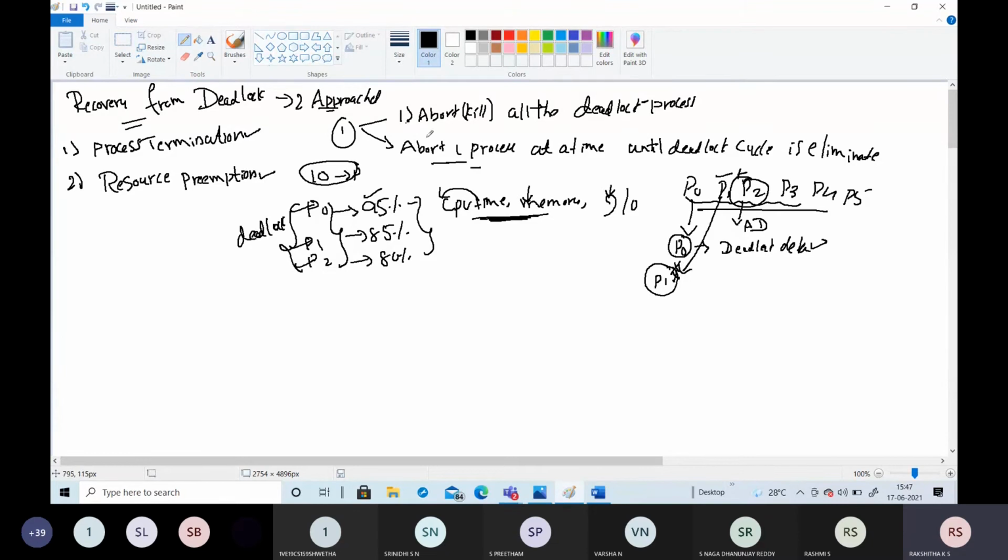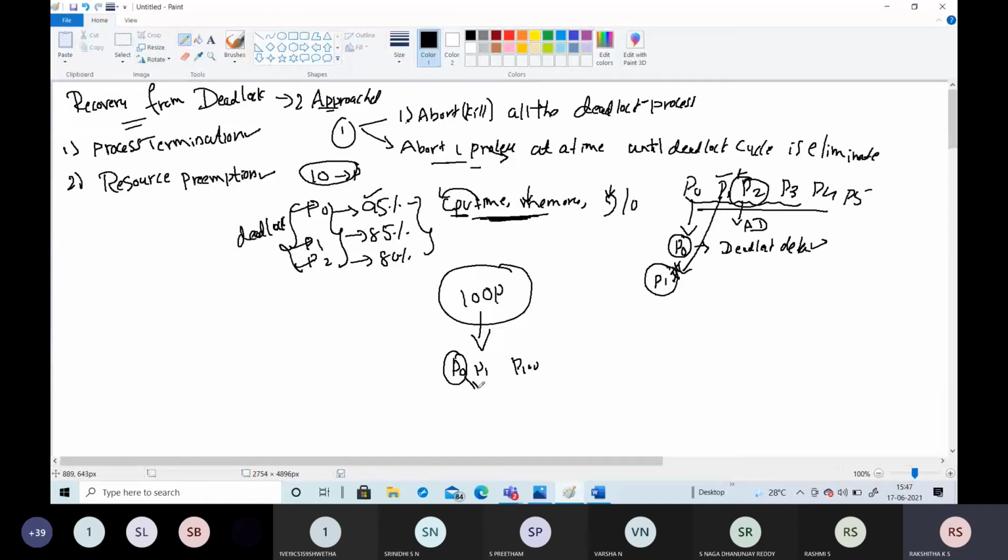Here we have seen one disadvantage, that all the resources can be wasted, and there is one more disadvantage in this sub technique. Let me take 100 processes in a system, P1 to P100.